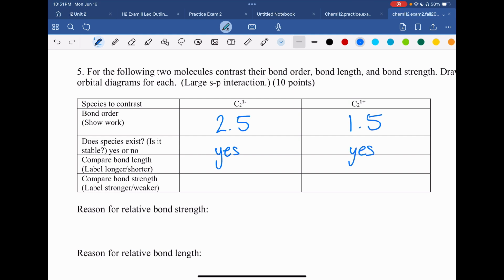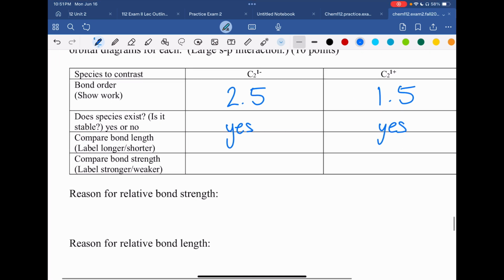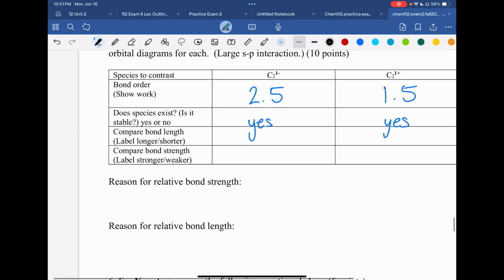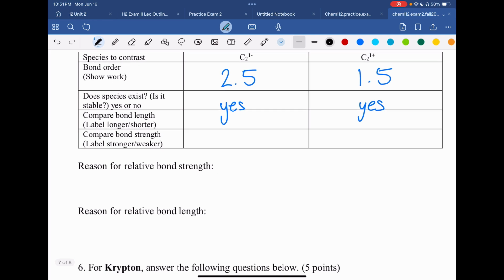It just has to be 0. Now you're going to compare the length. For bond length, the higher the bond order, the shorter the length is.